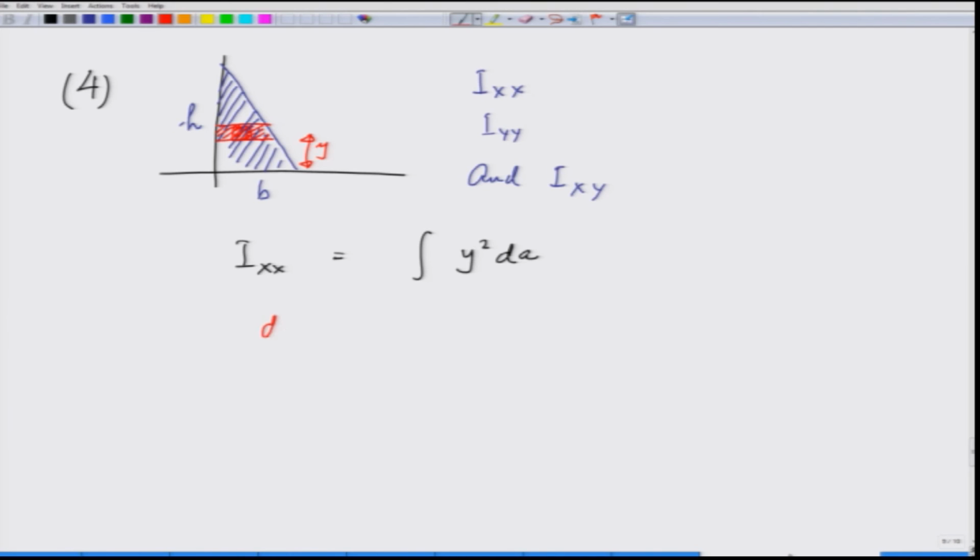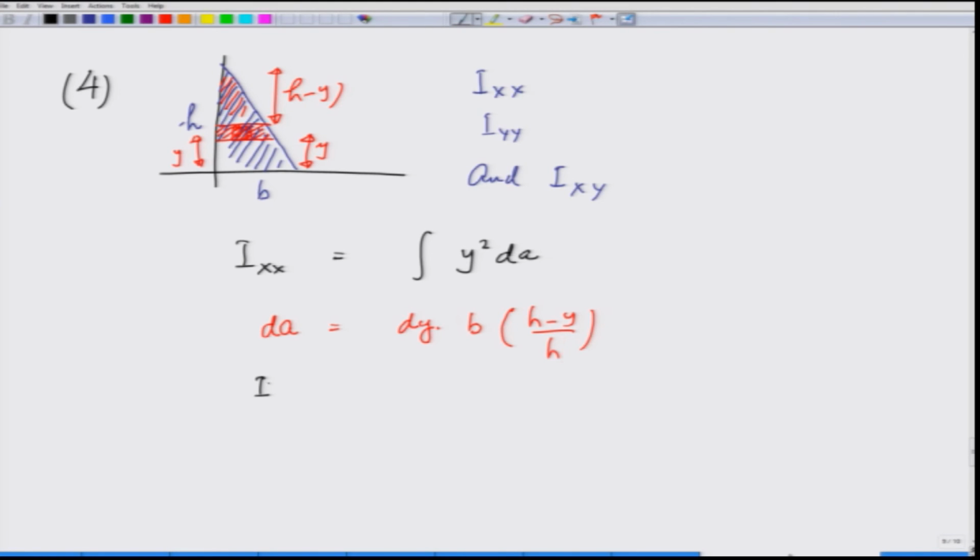Now, dA for this entire strip is going to be dy times its width, and the width at height y is going to be b times (h minus y) over h by similarity of triangles, because this height is y, this height therefore becomes h minus y, and this triangle is similar to the entire triangle.